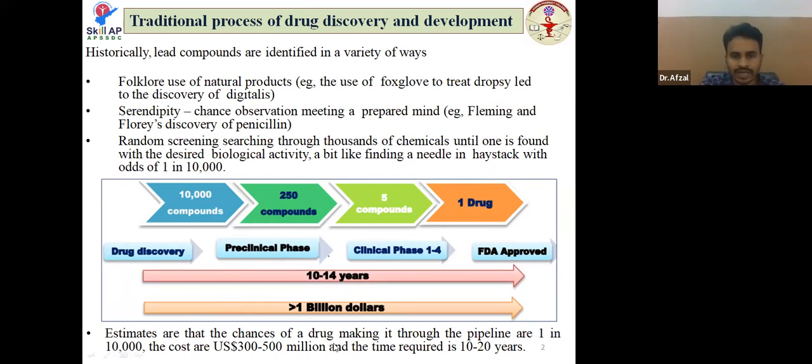The estimate is that only 1 in 10,000 compounds reaches the market, the cost is around 300 to 500 million US dollars, and the time required is more than 10 years. There are also chances that after reaching the market, post-marketing surveillance shows certain drugs to be toxic, and we take them back from the market.